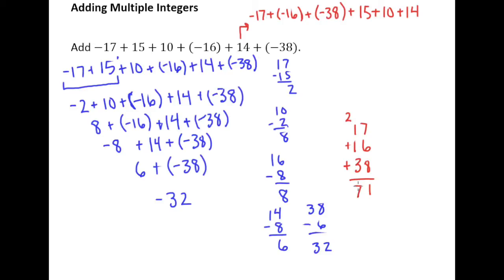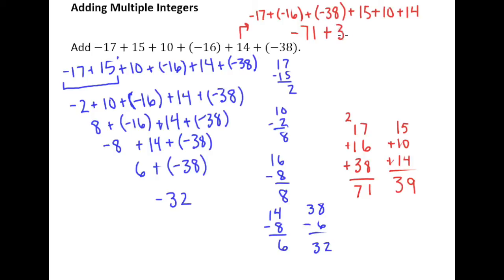So we have a total of 71 here, but since they were all negatives, this is negative 71. And I can do the same thing with 15, 10, and 14. So I have 9 here, 3 here, so 39, so it's negative 71 plus 39.